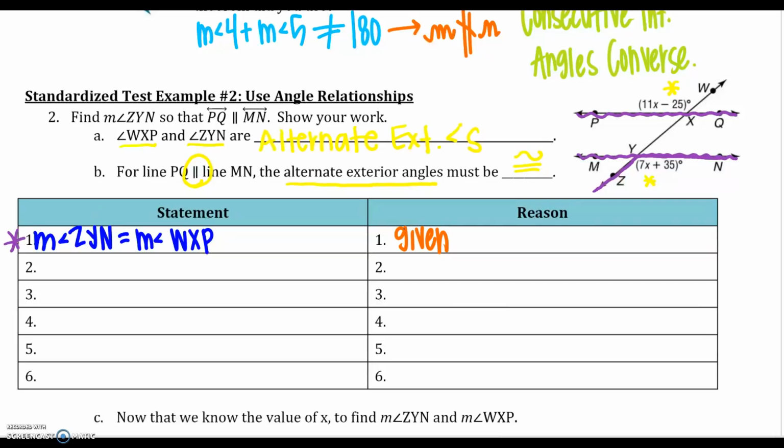When I do that, I can then substitute. So 7x plus 35 equals 11x minus 25. Again, substitution. I am then going to subtract 7x from both sides. So I would get 35 equals 4x minus 25 using the subtraction.